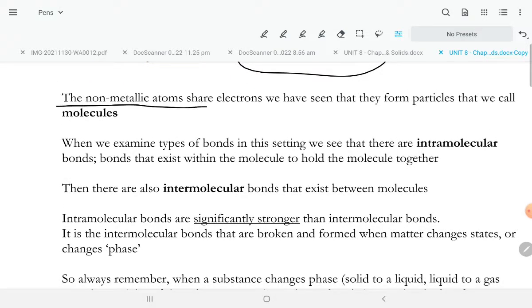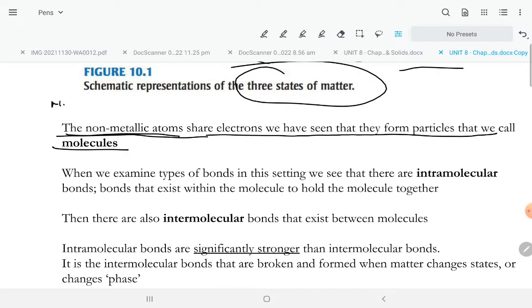The non-metallic atoms share electrons. We have seen that they form the particles that we call molecules. Non-metallic atoms, like N2, O2, or Cl2, share electrons and form molecules.